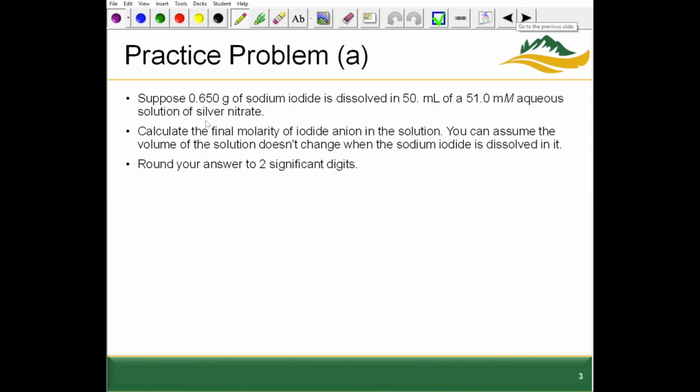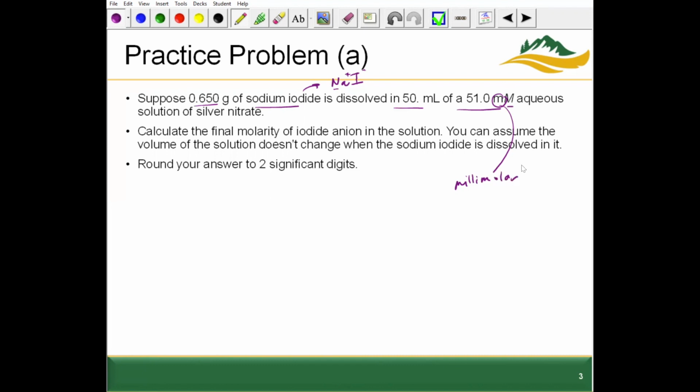And we're going to suppose we have this mass of sodium iodide. I would write it out just for practice, and we might need this later. So sodium iodide, Na+ and I−, dissolved in 50 mL of a 51.0 mM solution. With this one, I would see the lowercase m and instantly think milli, and then capital M, molar.